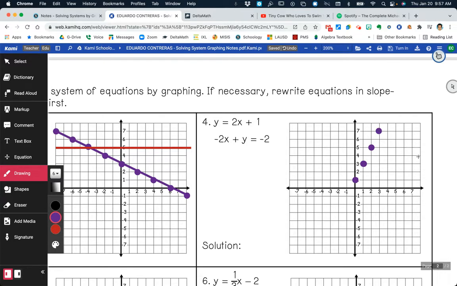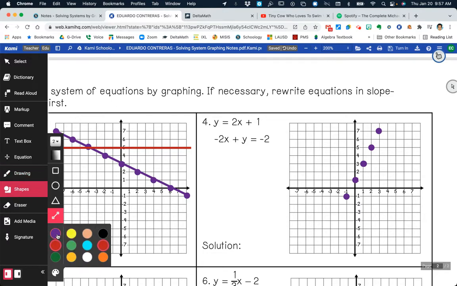I think that's good. Just maybe one more that way. Okay, I'm going to make my line. Remember, make sure it goes all the way across because you never know where it's going to touch the other one. Okay, so there's my first line.